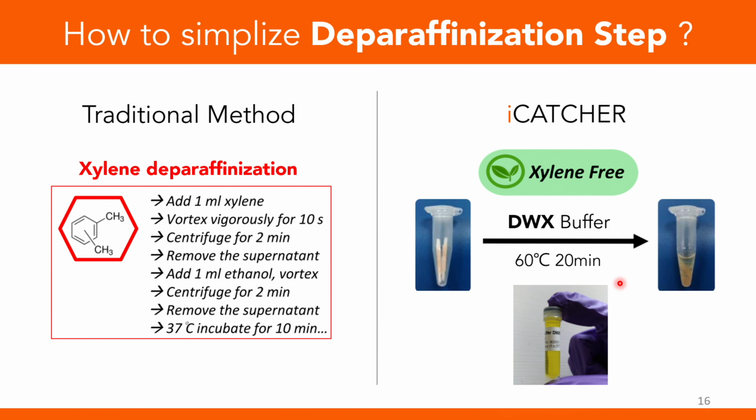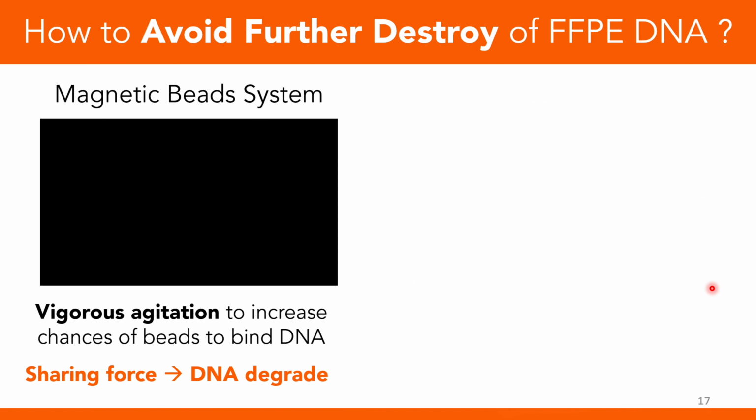We just need 60 degrees for 20 minutes, and with a very safe, xylene-free dewaxing buffer, we can remove the wax and make the sample ready for DNA purification. So it's a very simple way to overcome the deparaffinization step with DWX buffer.